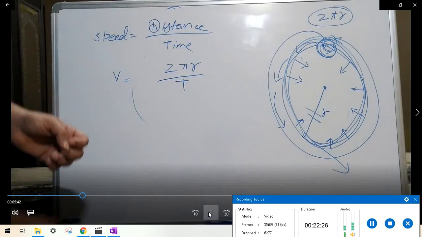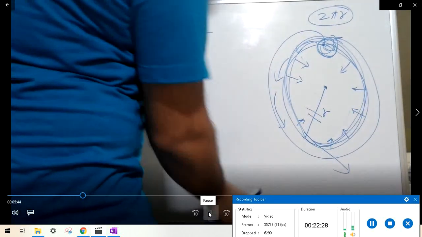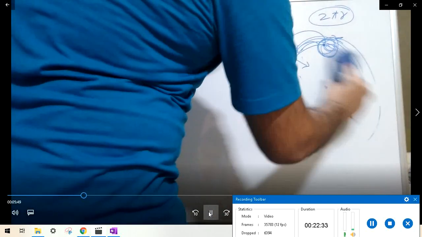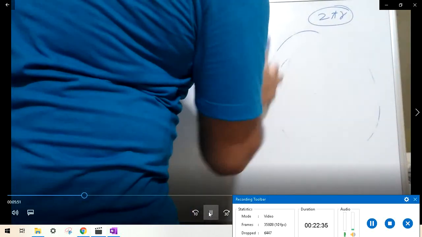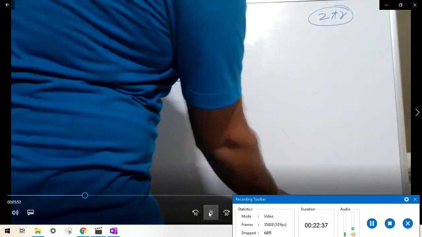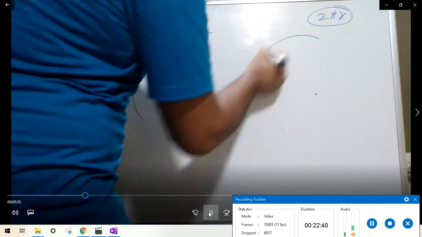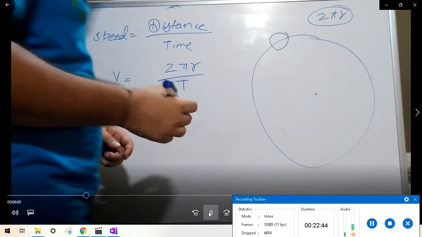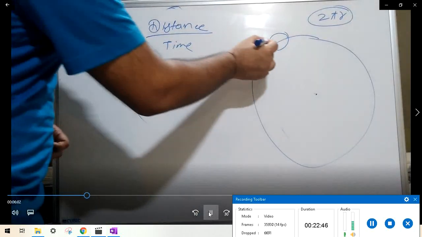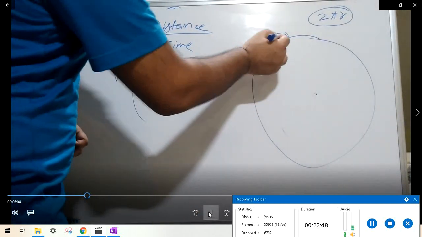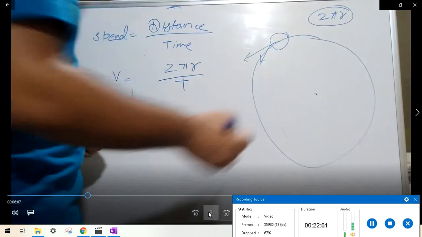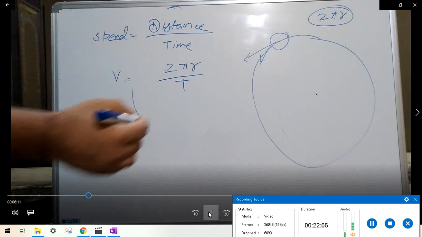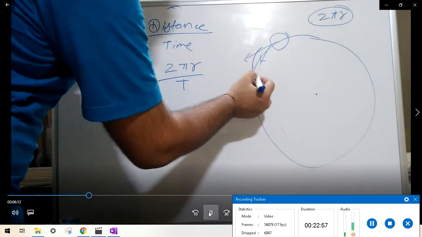Let me erase this. If this is the orbit and this is the planet, every time the planet wants to go in this direction, but because of the circular motion it is doing, it has to come to the inner direction.